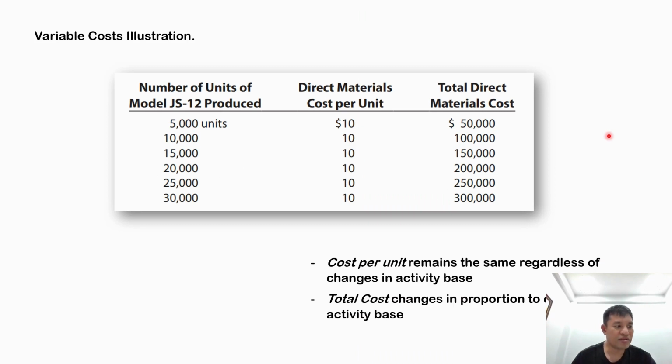To illustrate, let us assume that Jason Sound Incorporated produces stereo systems. So the parts for the stereo systems are purchased from suppliers for $10 per unit and are assembled by Jason Sound.